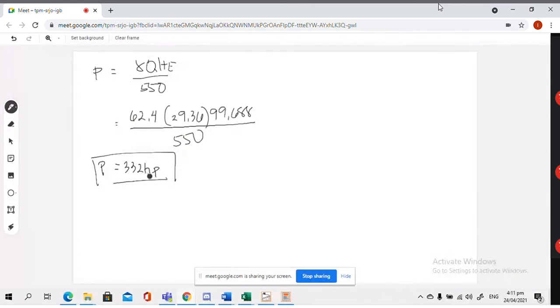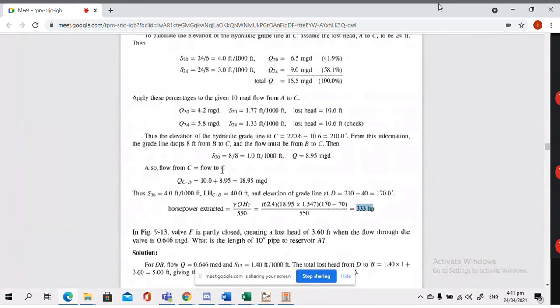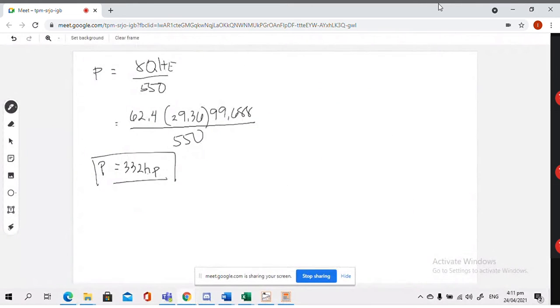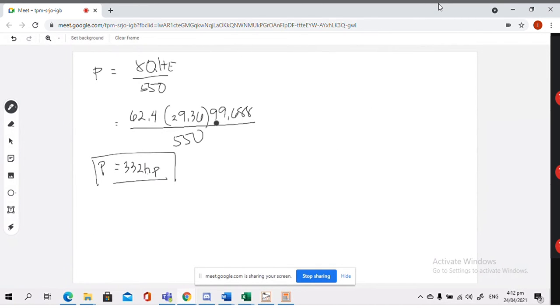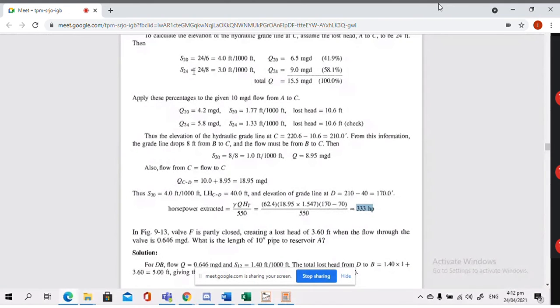So roughly we have the same. The small difference is the rounding off. For example, this one should be 13.88 something. So roughly we are correct. So 332 horsepower.